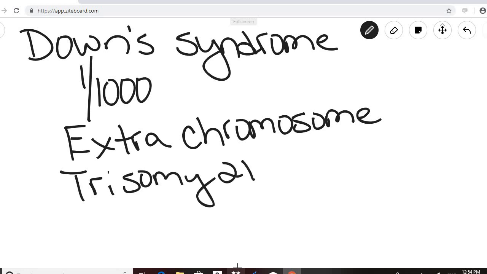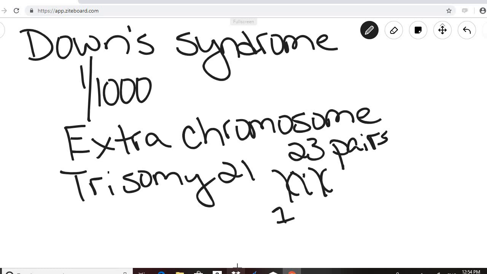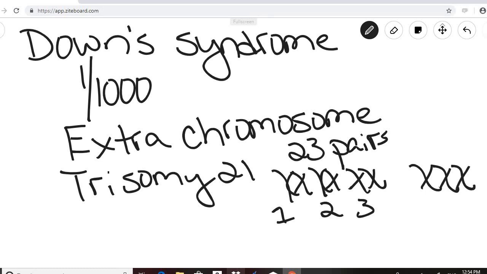So remember that there are 23 pairs of chromosomes, and we number those. So this would be pair 1, this would be pair 2, this would be pair 3. Well, in Down syndrome, the pair that is called 21, instead of having only 2 chromosomes, has an extra chromosome.